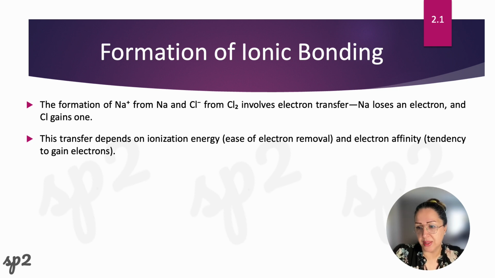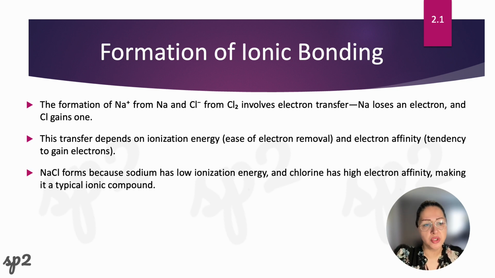And the second one is the electron affinity, which is the tendency to gain electrons for chlorine. Okay, so sodium chloride is going to be formed because sodium has low ionization energy, so it's easy for it to let go of an electron. And chlorine has high electron affinity, making this typical ionic compound possible, right?